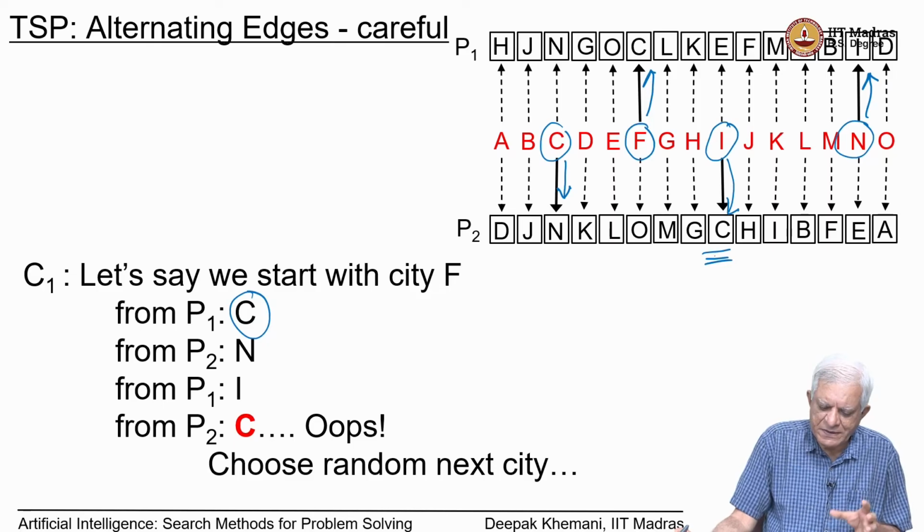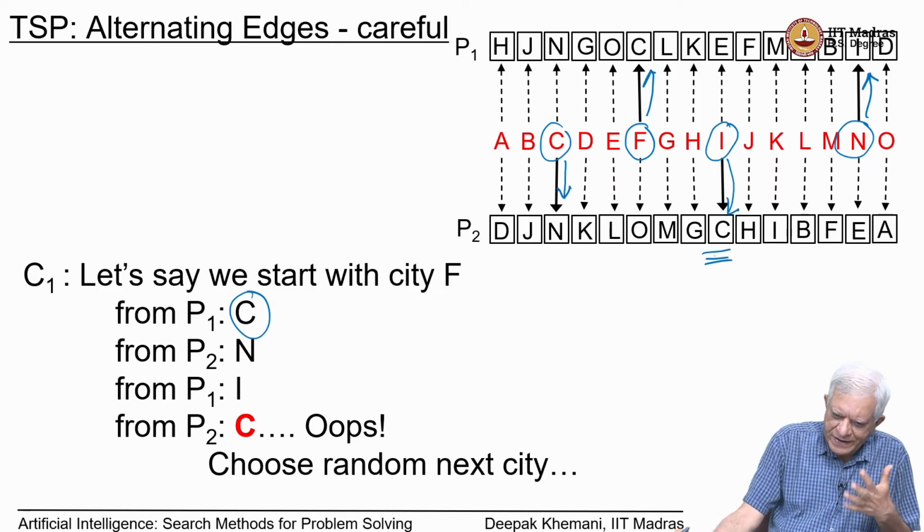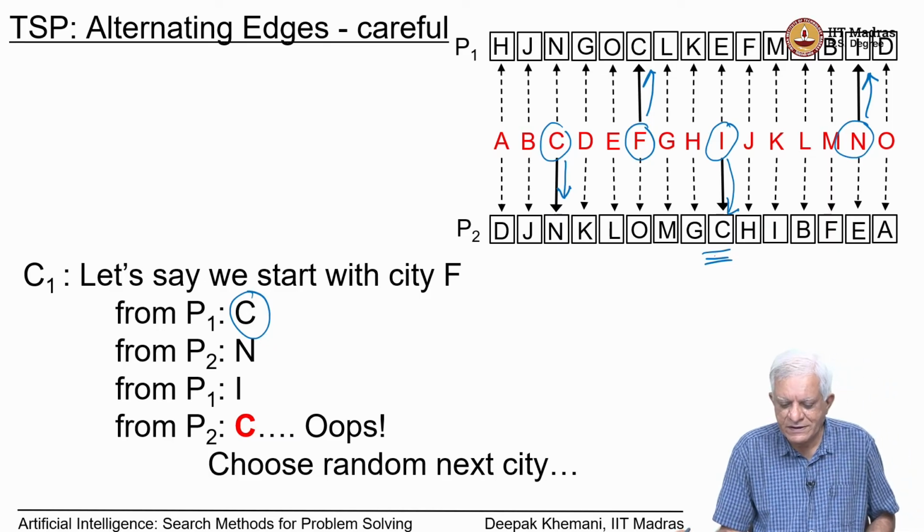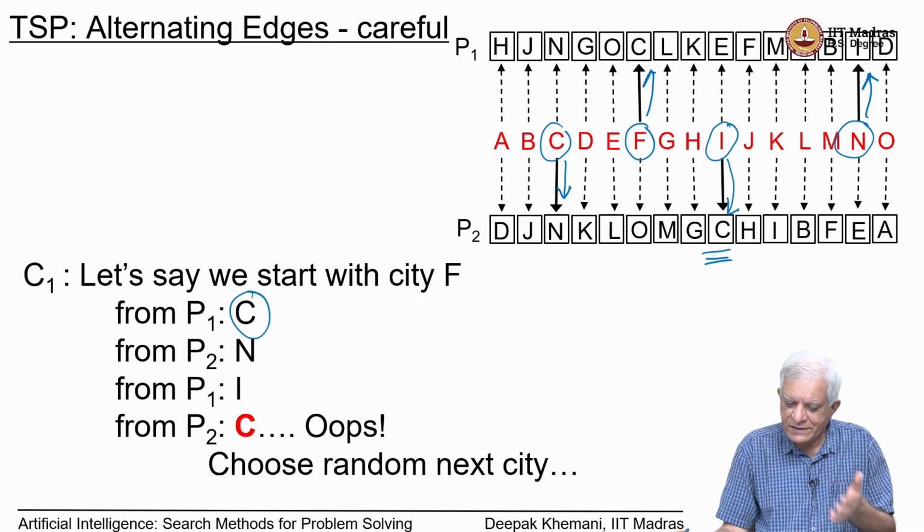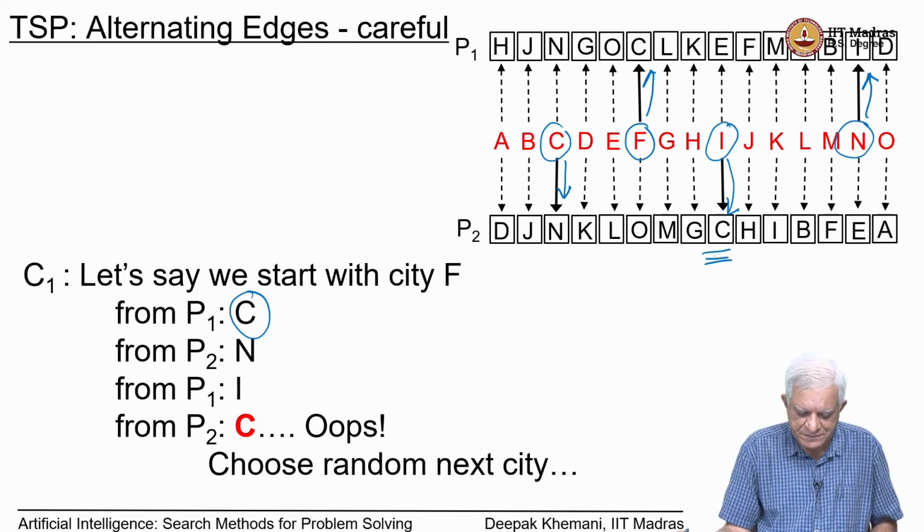Remember that these are devices that we are building so that we can do genetic algorithms, where we construct a population of tours and keep churning the population to develop new tours. The only thing with TSP, as we have seen, is that we have to be very careful that not every permutation of n cities is a valid tour in adjacency representation.